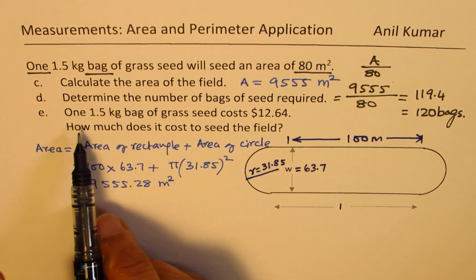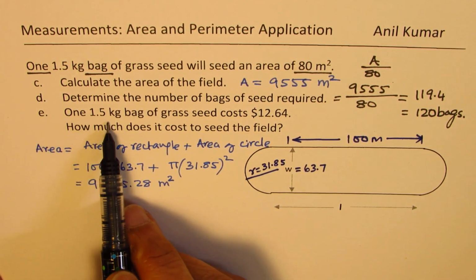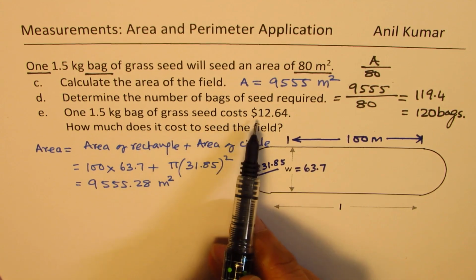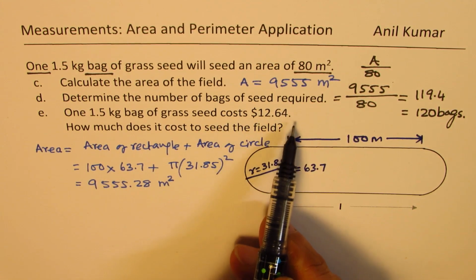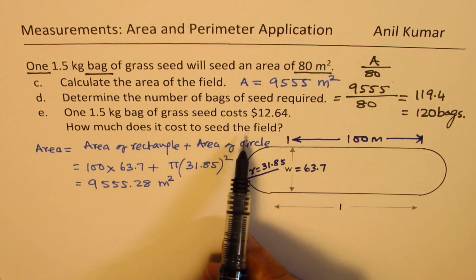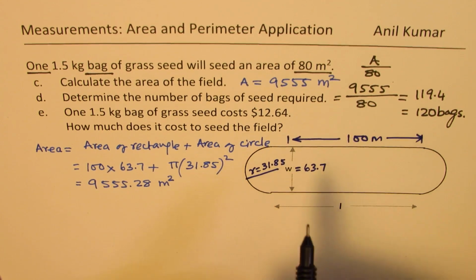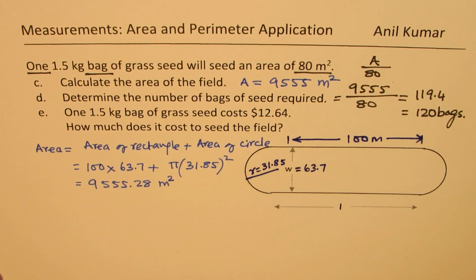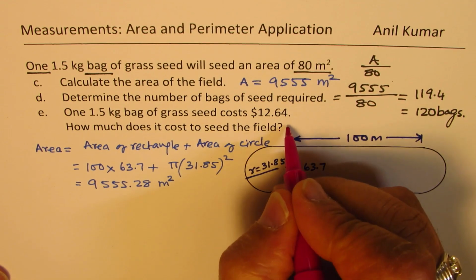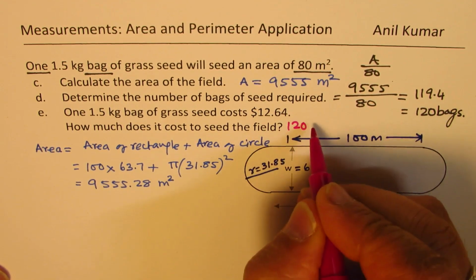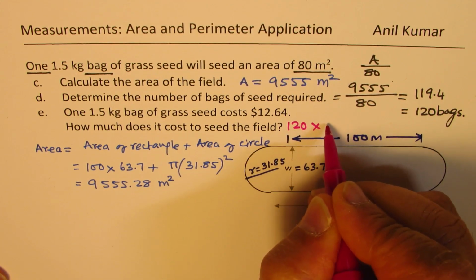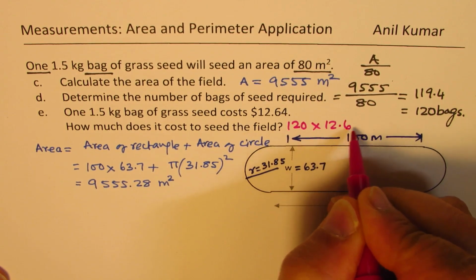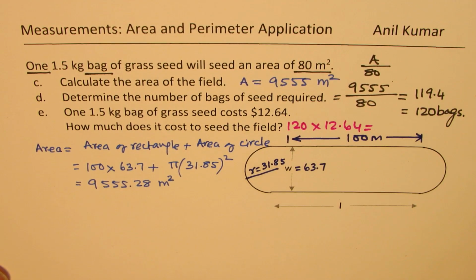Part E is 1.5 kg bag of grass seed will cost $12.64. How much does it cost to seed the field? So we need to multiply now the number of bags with the cost of each bag. So we get this as 120 times 12.64, right? Let's figure this out.